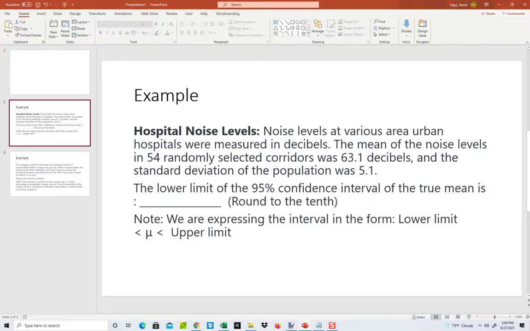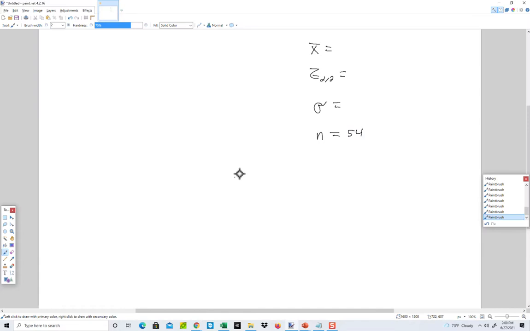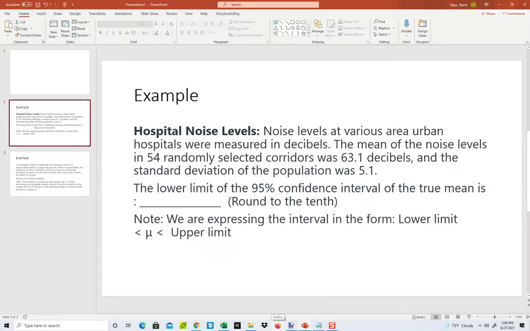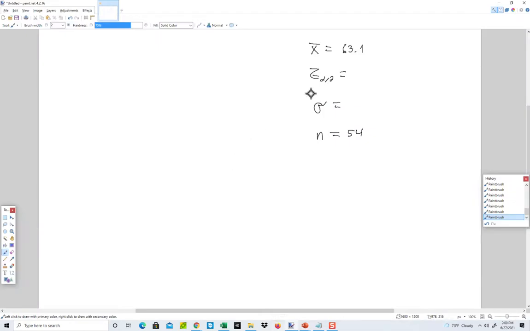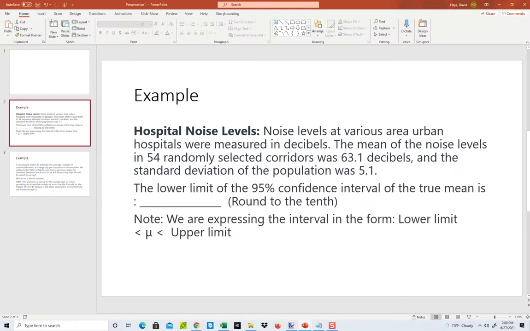The mean of the noise levels in 54 randomly selected quarters is 63.1. So our mean is 63.1. And the standard deviation of the population is 5.1. So sigma is 5.1. Now those will always be given to you directly.